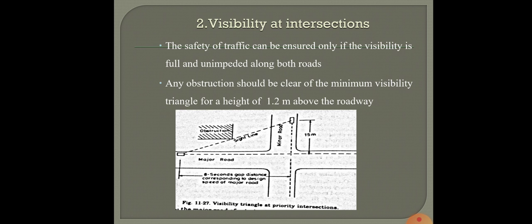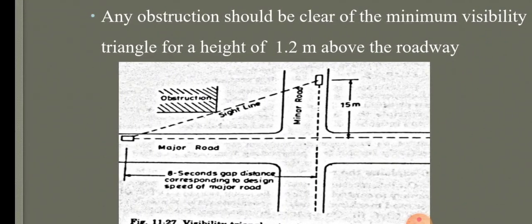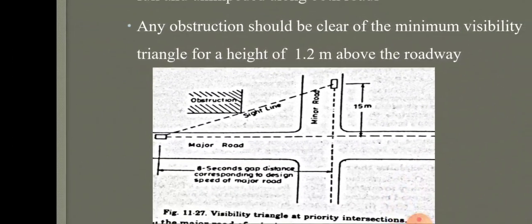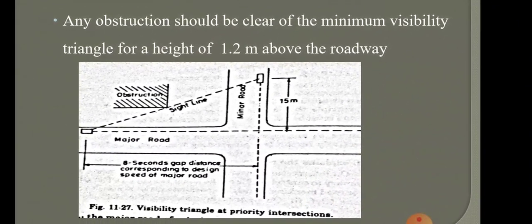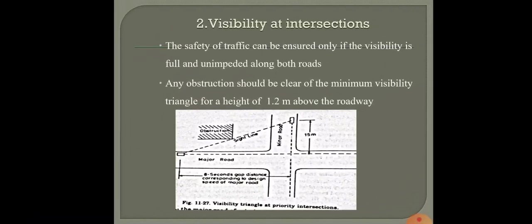And as you see here, this is called a visibility triangle. So this triangle that is shown in this way, we call it a visibility triangle. If there is any obstruction, it should be clear of the minimum visibility triangle for a height of 1.2 meters above the roadway. I think you would have studied all this in your transportation engineering subject.